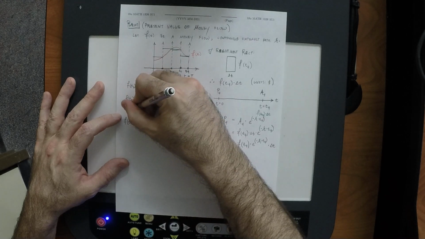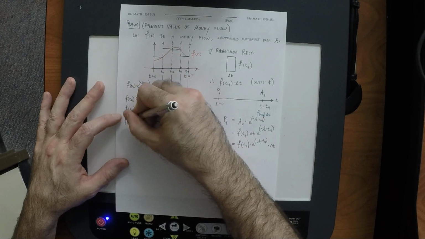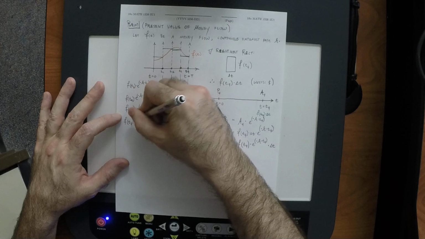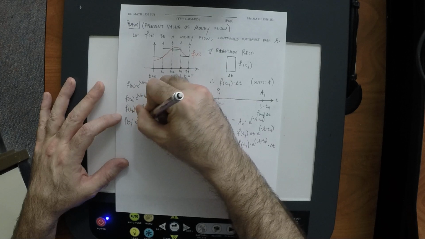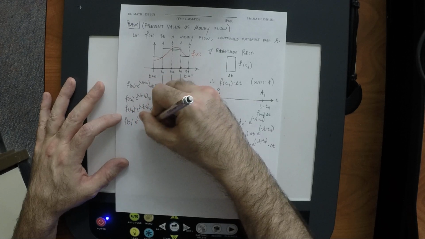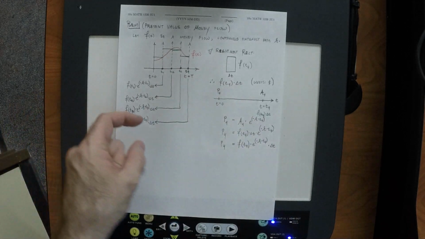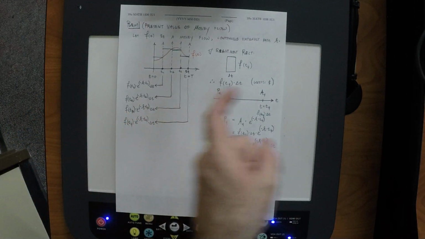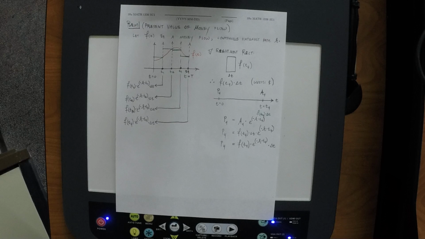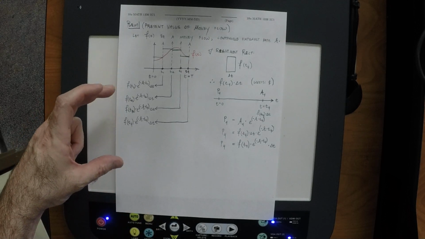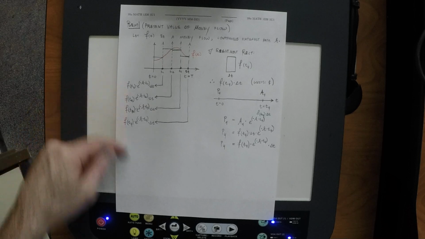This should be a 3. Then T4, exponential negative r t4 delta t. So now we've pulled all the 4 checks back to the current time, and we want to know the total value, so we just add them all up, right?